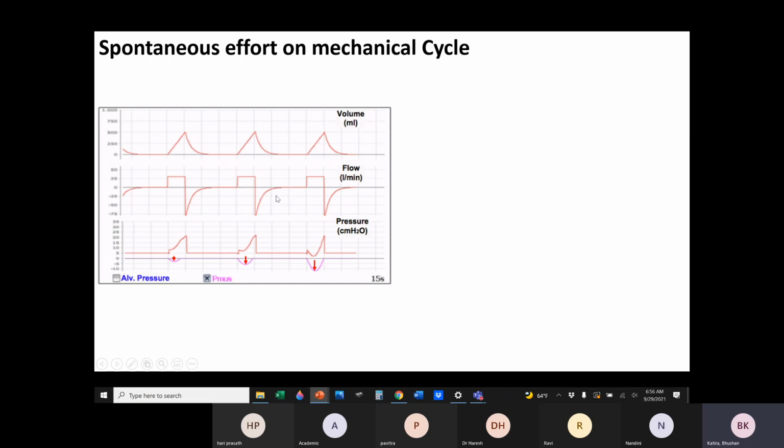The flow is also constant, but with each breath, the muscle pressure is increasing because the patient is breathing harder. What will you see? You will see that the pressure waveform shows a scoop out. This scoop out is proportionate to the amount of negative pressure generated by the muscle.